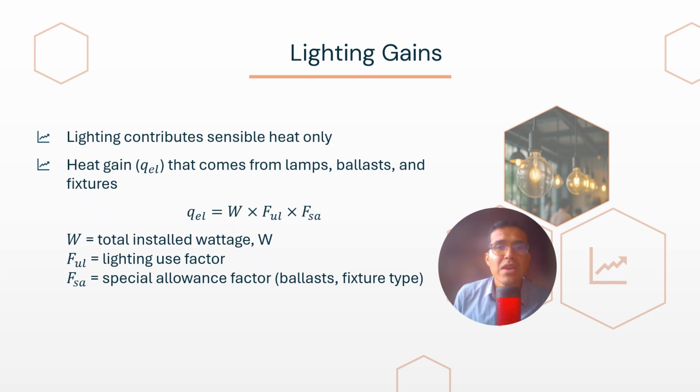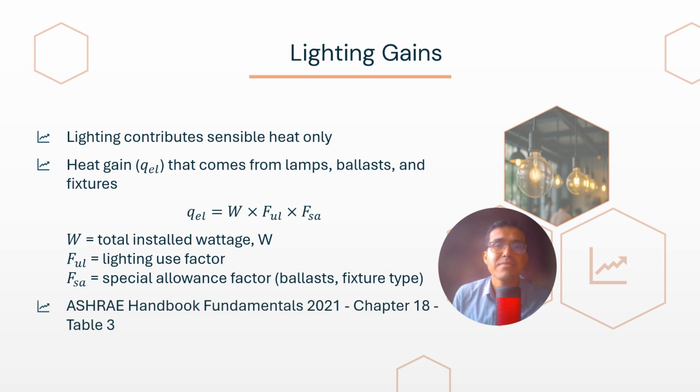For example, for incandescent lighting, the special allowance factor is 1. For fluorescent systems, this factor adjusts for ballast power. For high-efficiency electronic ballasts, this value might be slightly less than 1. These adjustments ensure that the actual power converted to heat is properly estimated.